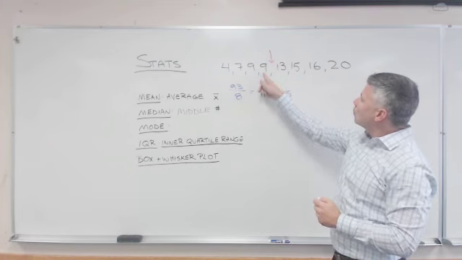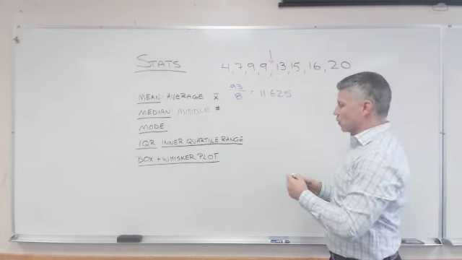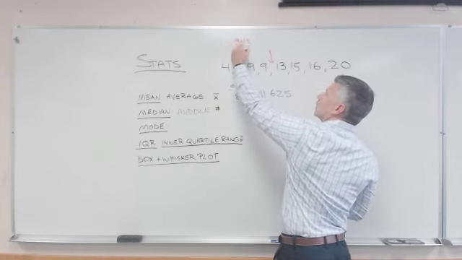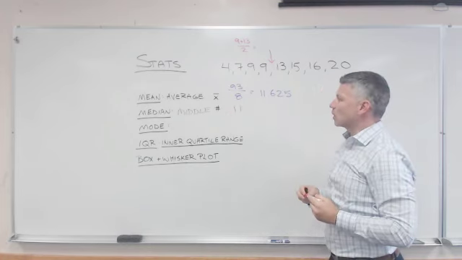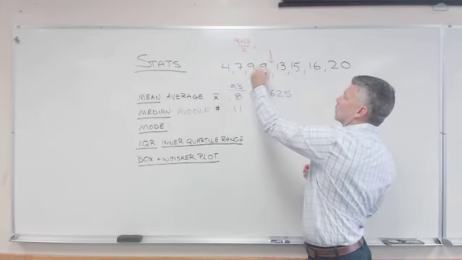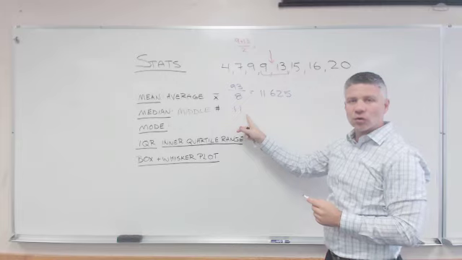So I have to figure out what's in between 9 and 13. The easiest way to do that would just be 9 plus 13 divided by 2. You can probably do this in your head and figure out that the median is 11. So again, if we find that we're in between two numbers, we just add them and divide by 2.